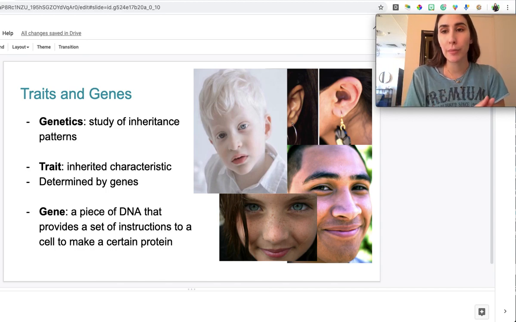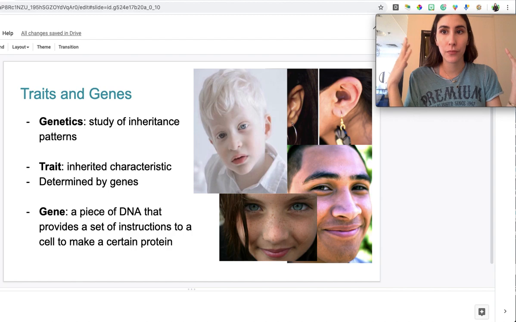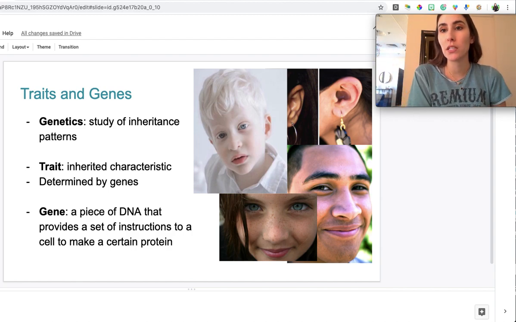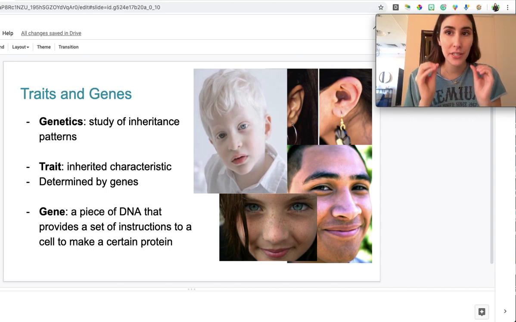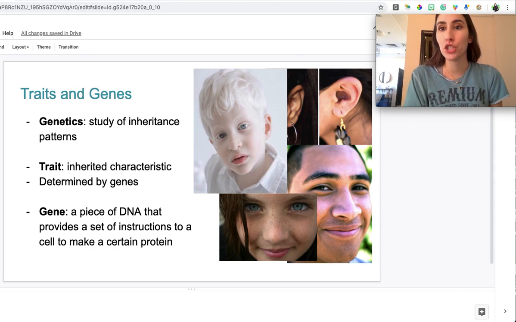So a gene might be responsible for making hair texture curly or straight. A gene might be responsible for eye color. A gene might be responsible for having dimples, having freckles, etc. So all of these traits, which are inherited characteristics that we see physically, are determined by genes.